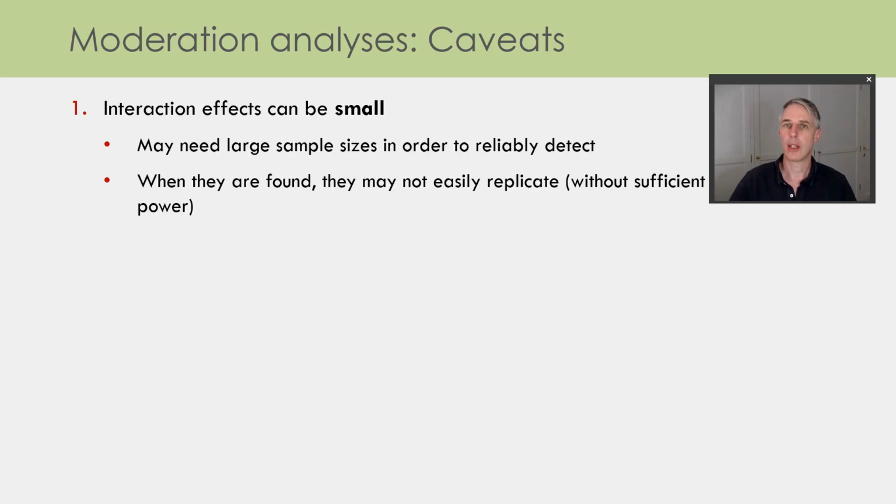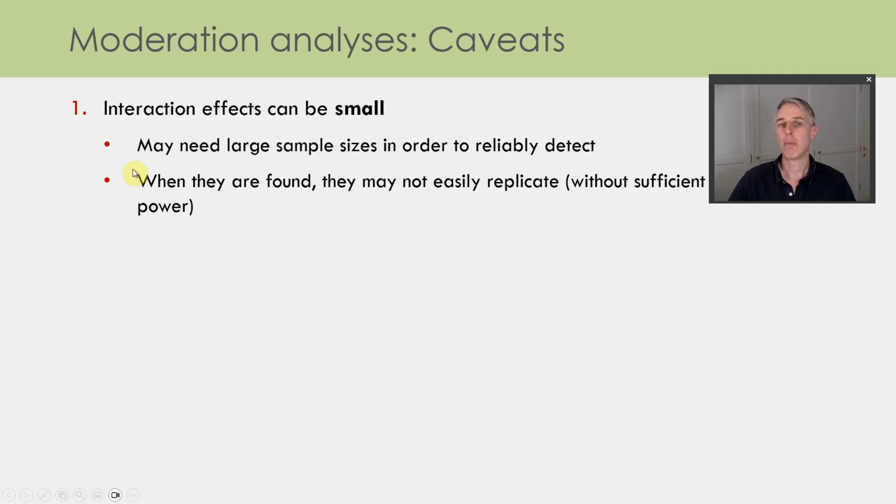The first is a reminder that interaction effects, and this isn't just interaction effects, I should stress, are just like any other effect. They can be large or they can be small. So just like any other effect, like a main effect, it's really important to think about the size of effect that you might expect.